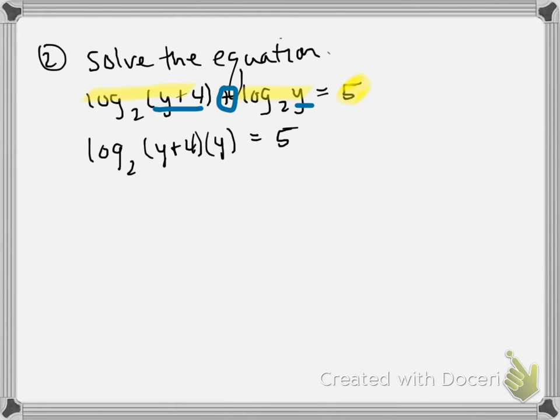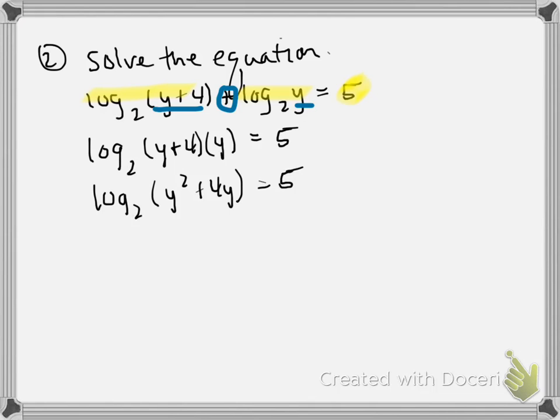Okay, well, y plus 4 times y, I can do that. That's going to be log base 2 of y squared plus 4y equals 5. Okay. Well, I'm getting closer.